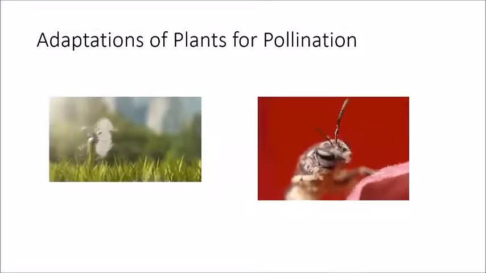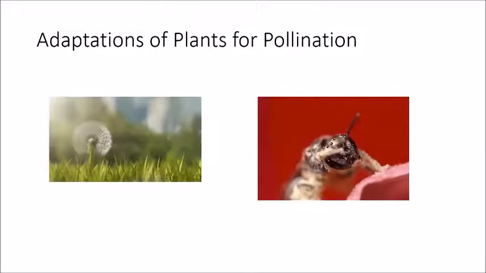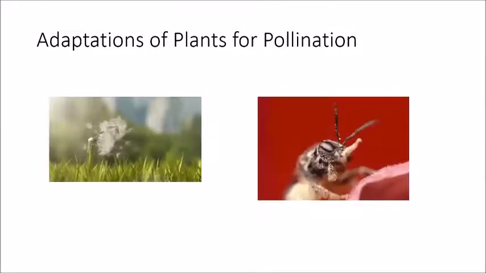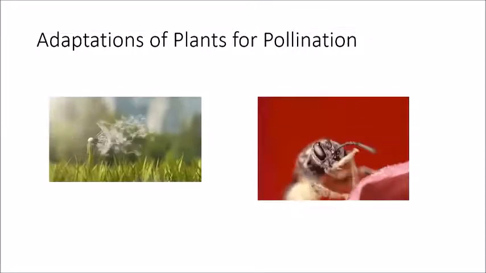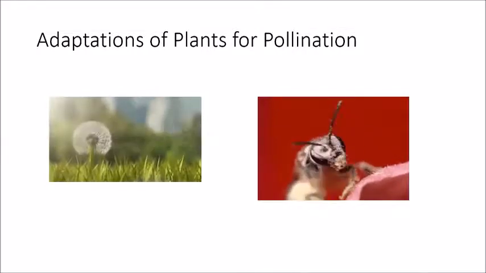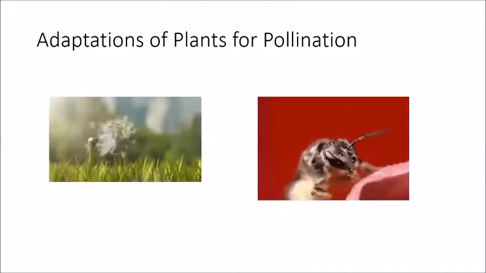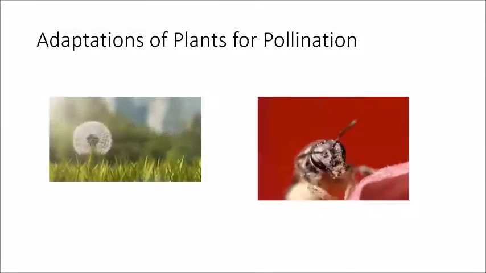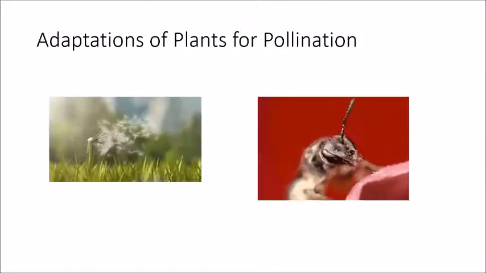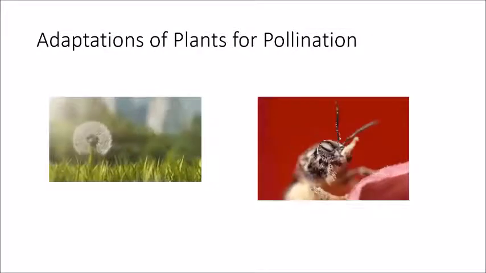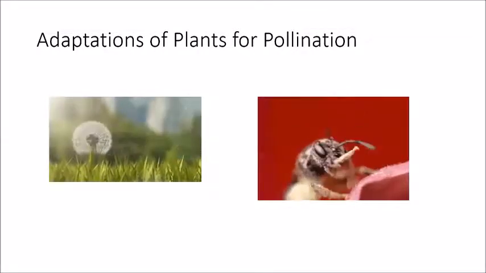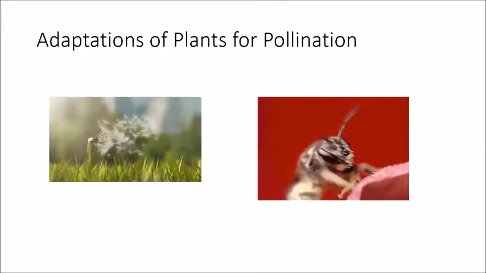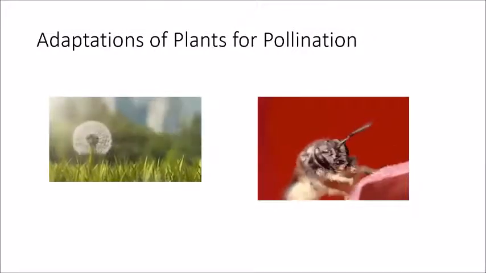For example, the alveoli found inside the lungs is where gas exchange happens. The same way different parts of our body or different cells have adaptations to help them perform a job, it's the same thing with plants. Different parts of the flower are modified in order to help it achieve pollination.